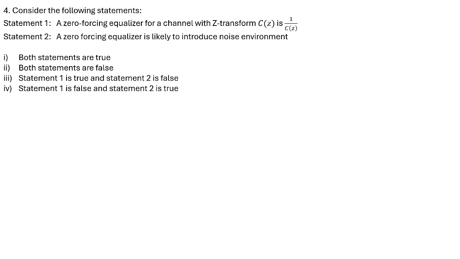We are ignoring that fact. So your output Y(z) is going to be X(z) times C(z), and at the receiver you employ the zero forcing equalizer 1 over C(z), which undoes the effect the channel has over the transmitted signal. Ideally 1 over C(z) and C(z) cancel each other, so you obtain X(z), whatever was transmitted, intact at the receiver.